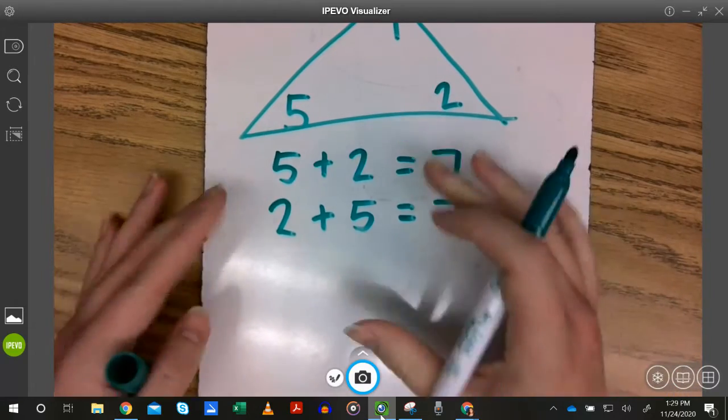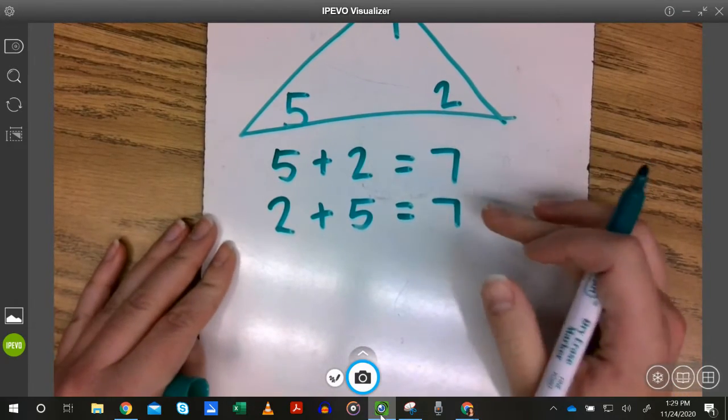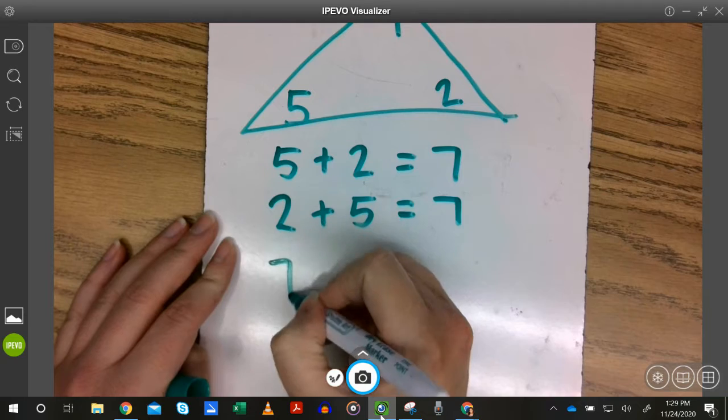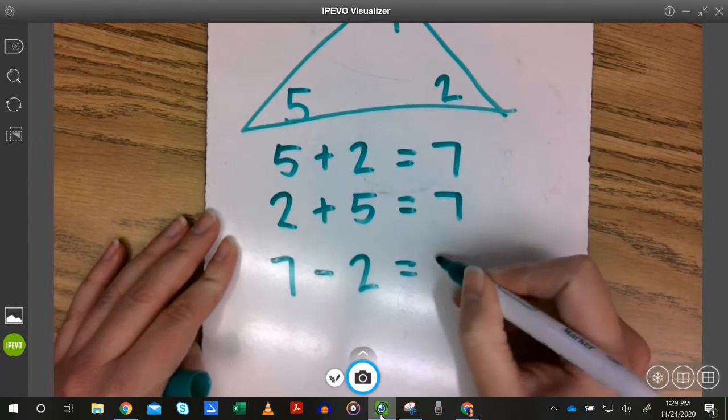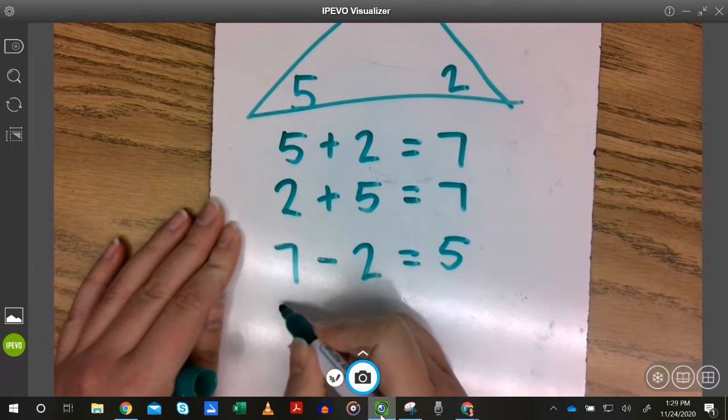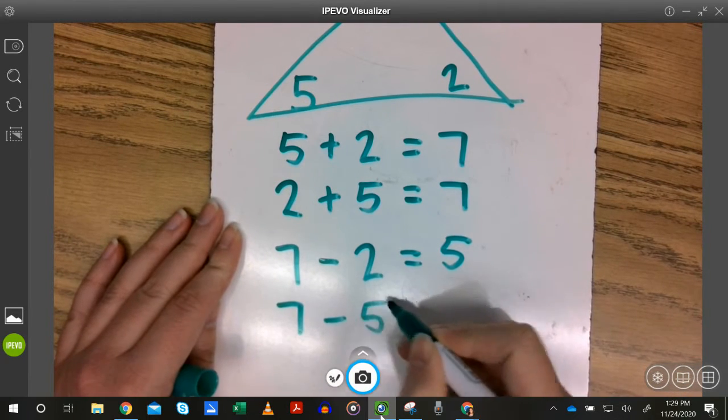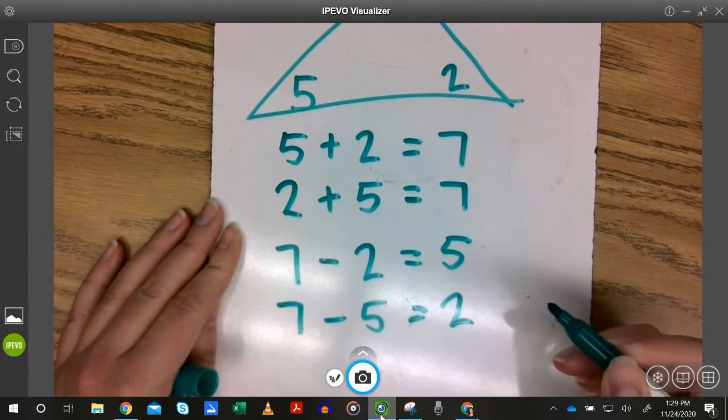Then if we can add to create 7, then we can also take 7 apart. So 7 minus 2 equals 5, or 7 minus 5 equals 2.